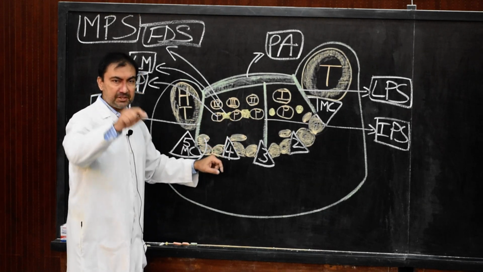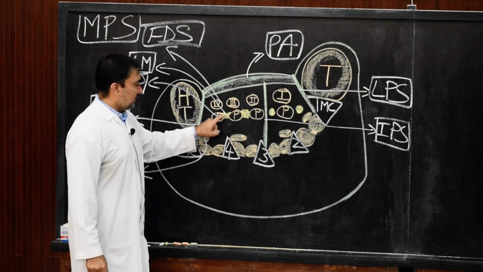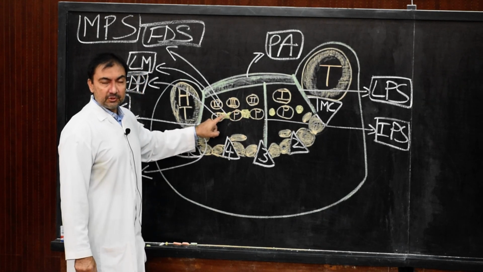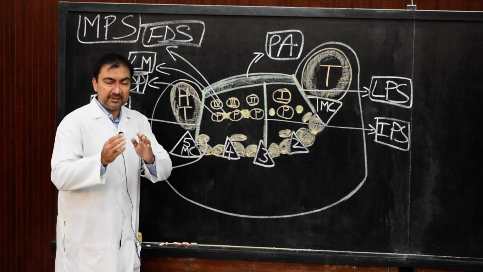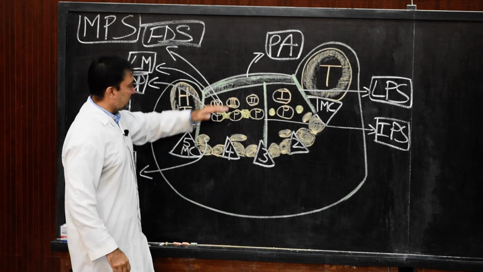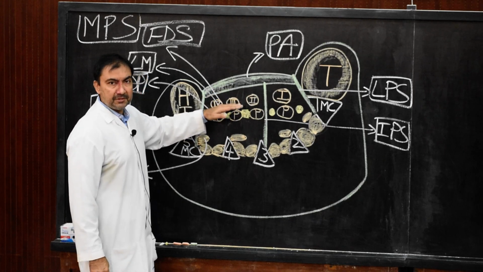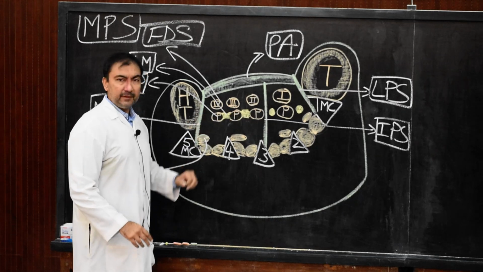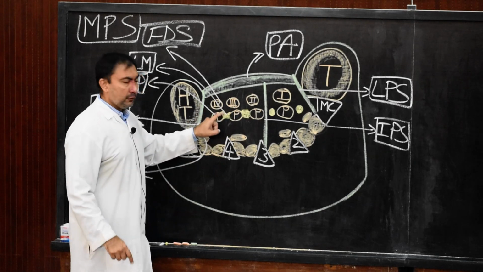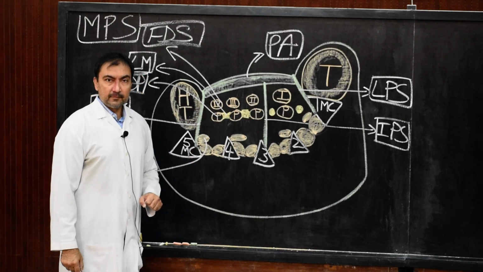These two lumbricals are which number? The third and the fourth lumbricals. So therefore, anteriorly, the mid-palmar space will have presence of palmar aponeurosis, the flexor digitorum superficialis and profundus tendons going to the middle, ring and little finger, and also third and fourth lumbrical muscles.